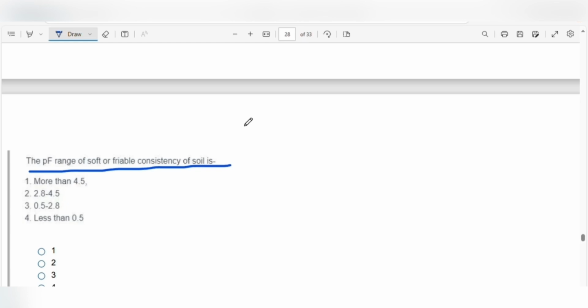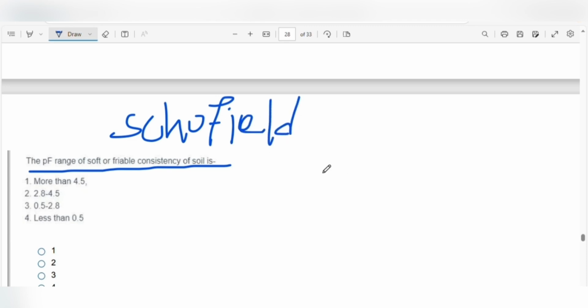And the pF is nothing but the measure of soil moisture content. You must know it, and it was given by the scientist Schofield. That is also a very important question, and it might come in exams anytime. And do not get confused with pH scale. pH was given by Sorensen. That is also an important one.